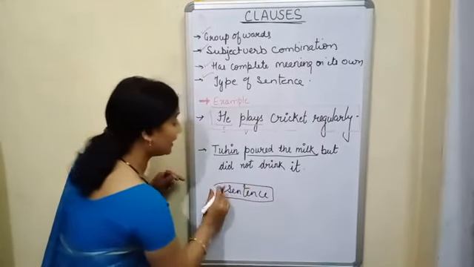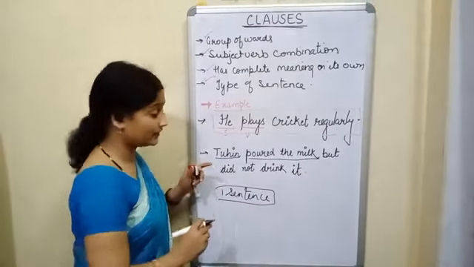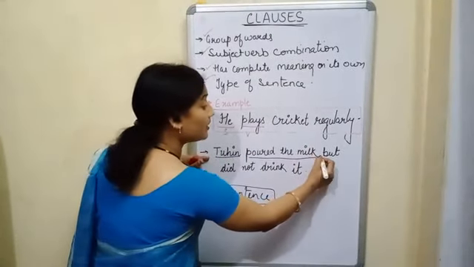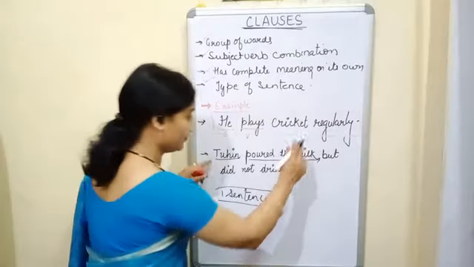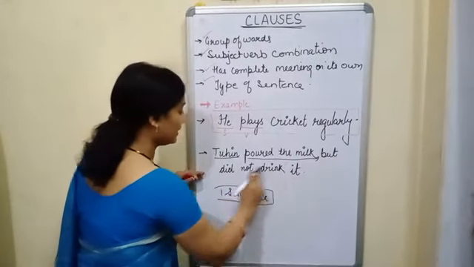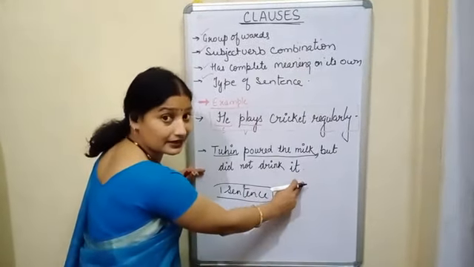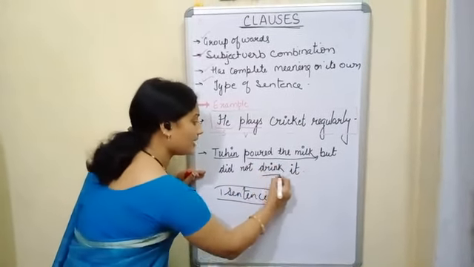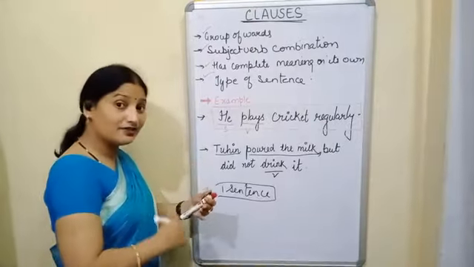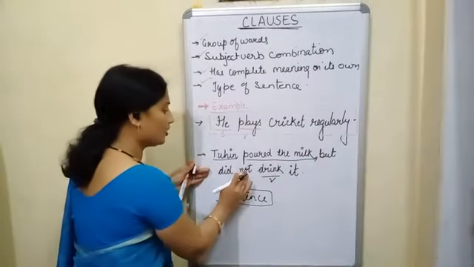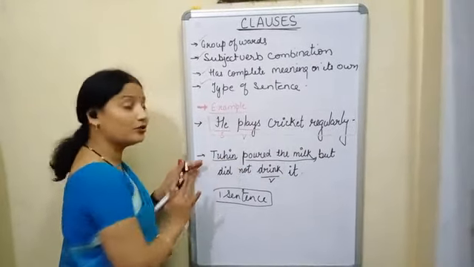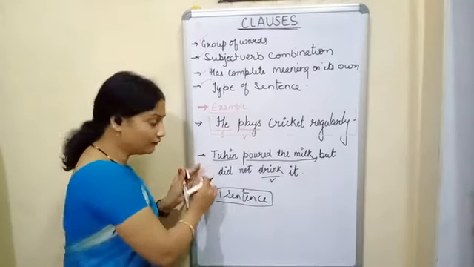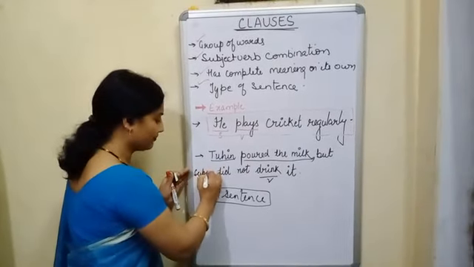But we can divide this one sentence into two parts. One is, Tuhin poured the milk. Clear? Let's come to the second part. But did not drink it. Now see, but did not drink it also contains the verb. Here it is clear that some noun is there, so it is also fulfilling our subject.